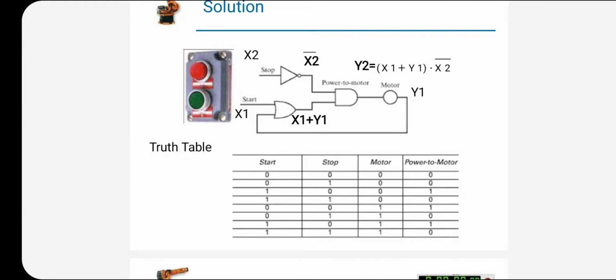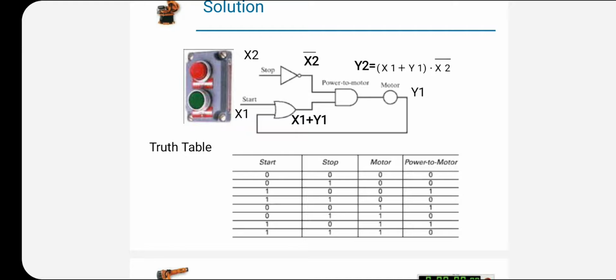So according to this, you can write down the values in the truth table. The start 1 is 0, stop is 0, then motor is 0 and power to motor is 0. Similarly, second is start is 0, stop is 1, then motor is 0 and power to motor is 0. So using these logic gates, you can write down motor and power to motor results.